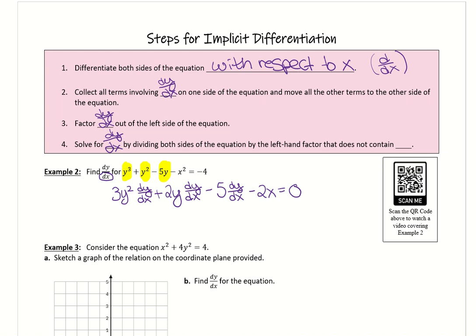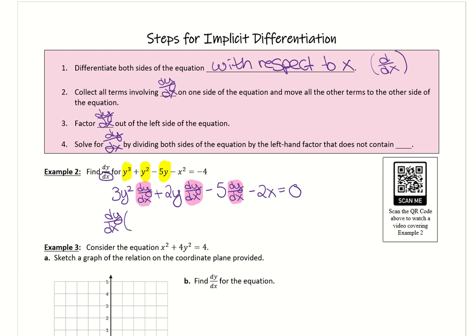So now we're going to get everything with dy dx on one side of the equation. So I'm going to do 2 steps in one. If it's okay with you, well, you're watching a video, so I hope it's okay. I'm going to factor dy dx out of all 3 of these guys. So I'm going to write this as dy dx, and then inside the parentheses, sorry, I shouldn't have put an equals.